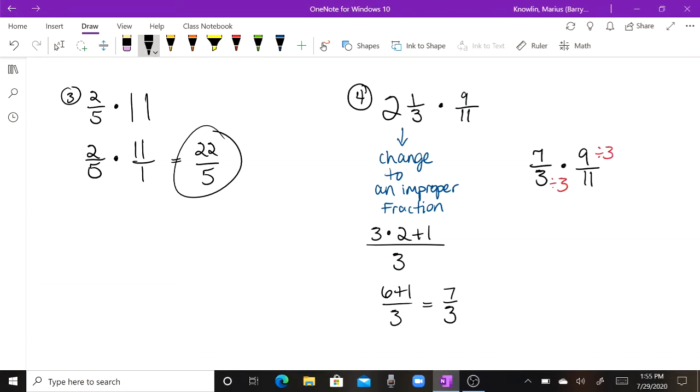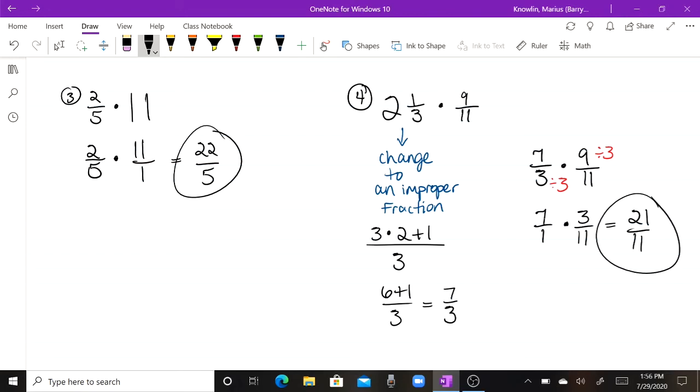Now I want to rewrite my fractions again. So 3 divided by 3 is 1, so that becomes 7 over 1, times 9 divided by 3 is 3, over 11. Now I can go ahead and multiply. 7 times 3 is 21. 1 times 11 is 11. That cannot be simplified, so I would leave that as my final answer.